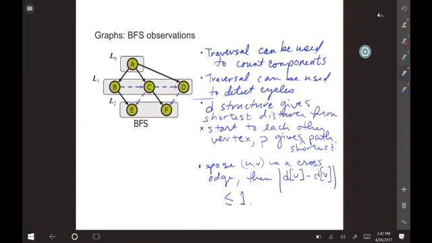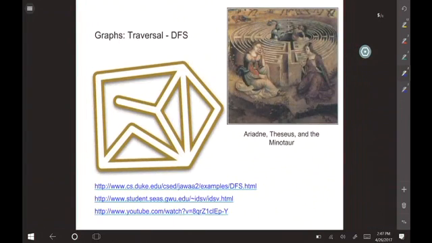Okay, so the next thing we're going to talk about is depth first search. And there are 2 different strategies we can take for doing depth first search. We could take the previous slide and replace Q with stack. Everywhere we see a Q operation, we could replace it with a stack operation, and we could go through exactly the same discussion.